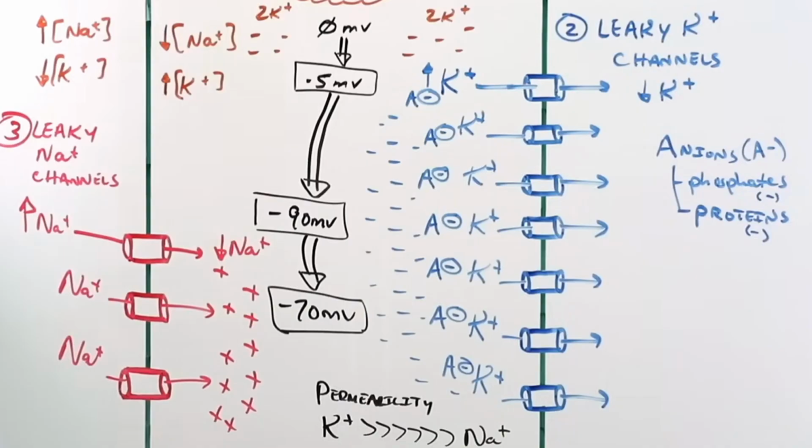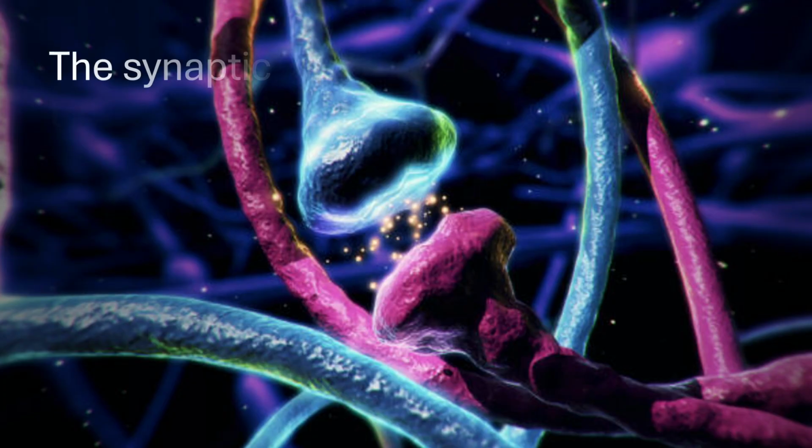Very good. Now that we know how resting membrane potential works and the three factors that make resting membrane potential negative 70 millivolts, the next thing we're going to go on to is the synaptic transmission of neurons. So, simply put, what is the synaptic transmission? It's when a neuron gets a message from the brain cortex.